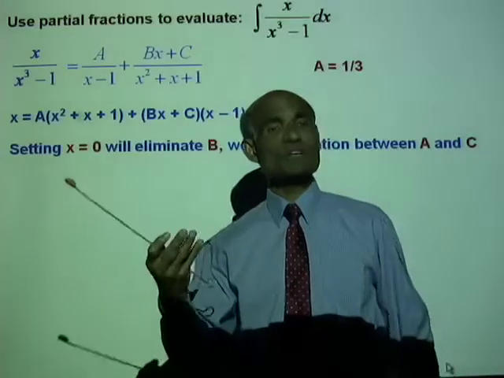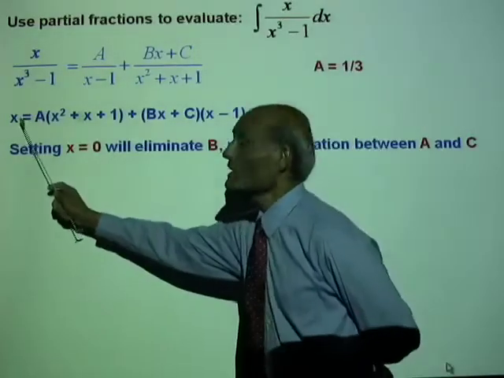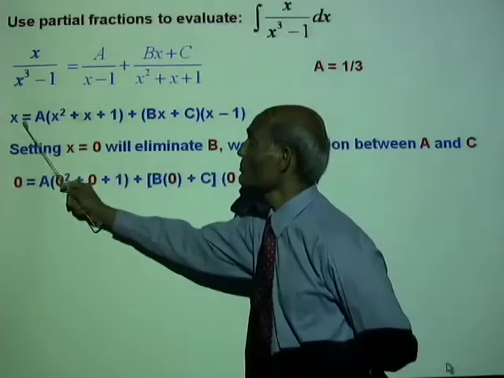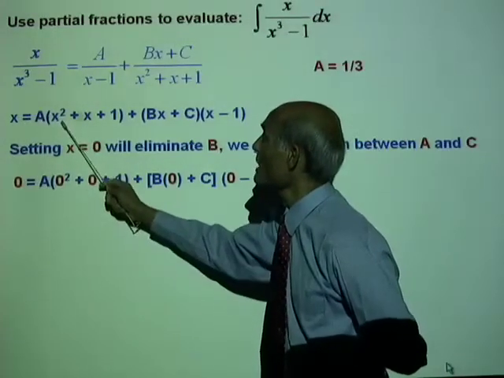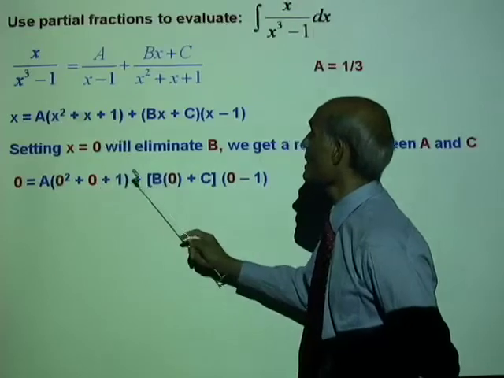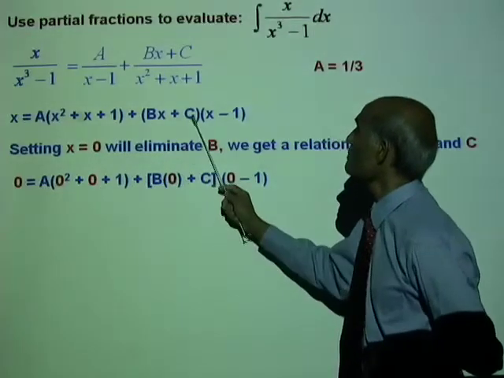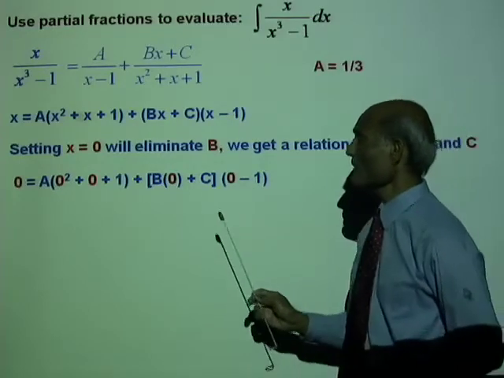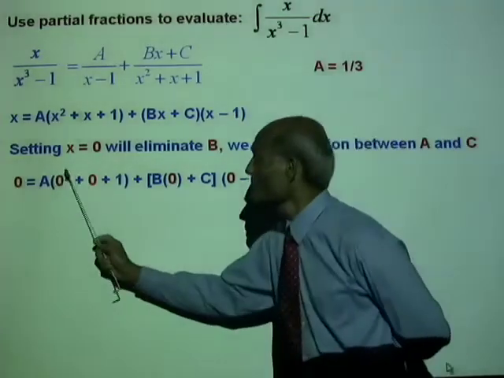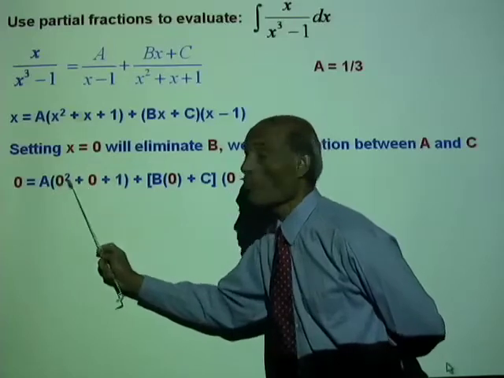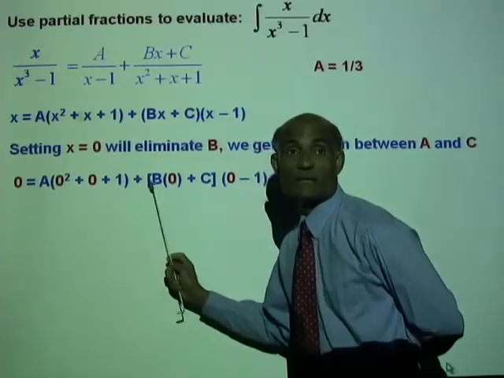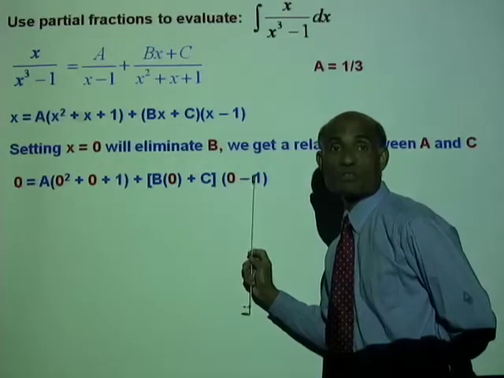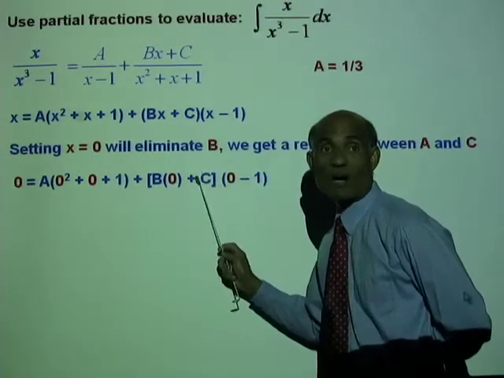X equal to 0 is a very convenient value. So let's replace x everywhere by 0. That gives you 0 equal to a times 0 plus 0 plus 1, plus b times 0 plus c times 0 minus 1. Now, what do these things amount to? This will be a, and b will go, and this will be 0 minus 1, negative 1 times c.